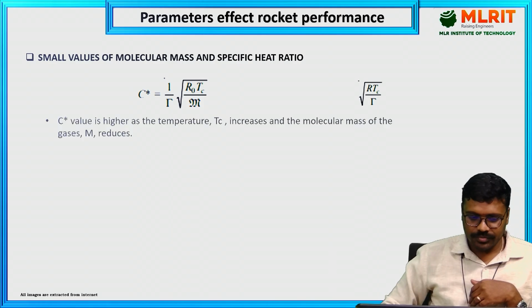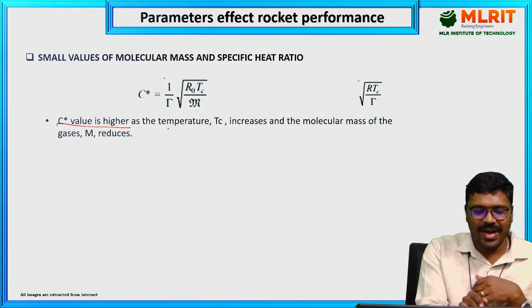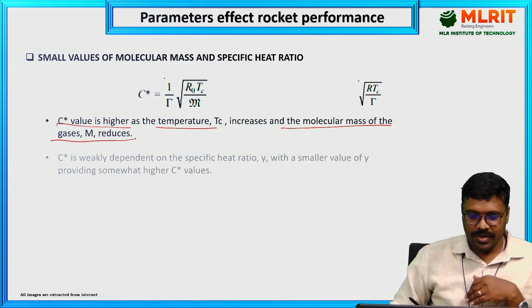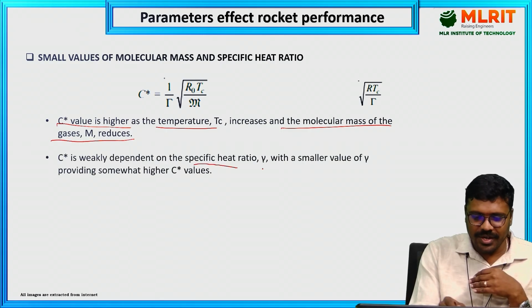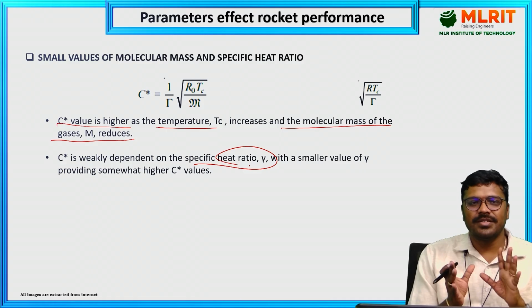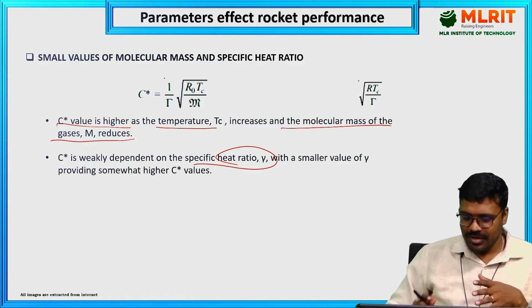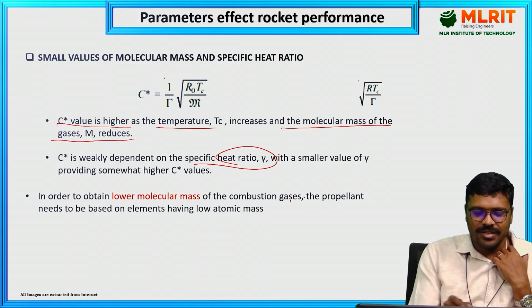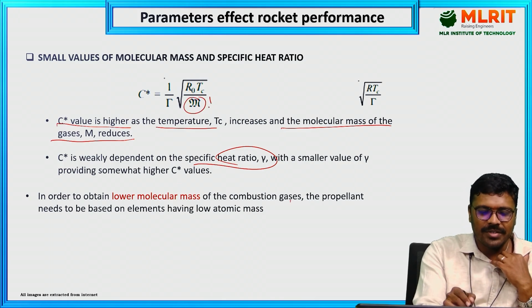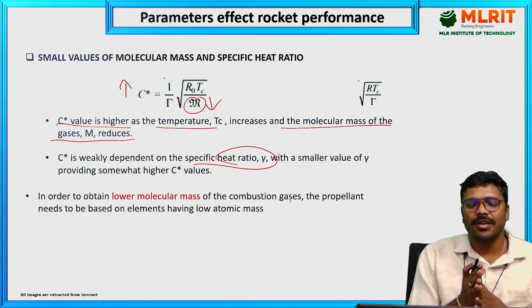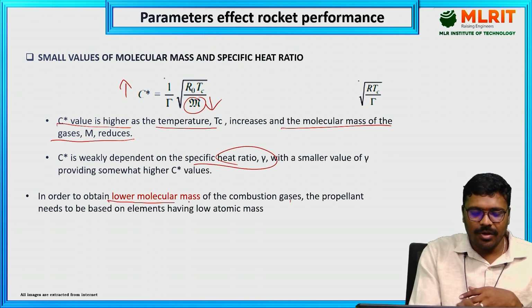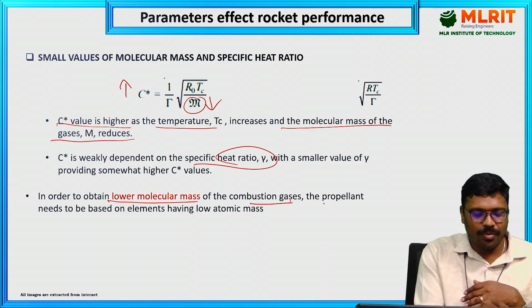So the C star value is higher as the temperature Tc increases and the molar mass of the gas reduces. Next, C star is weakly dependent on the specific heat ratio. It also depends on gamma, but the dependence of C star on gamma is less. In order to obtain lower molecular mass of the combustion gases, so that you get maximum C star, the propellant needs to be based on elements having low atomic mass.